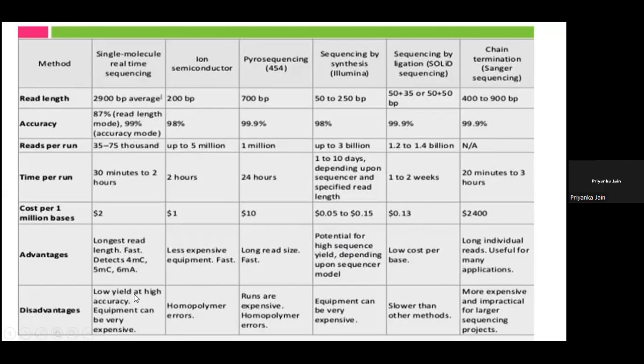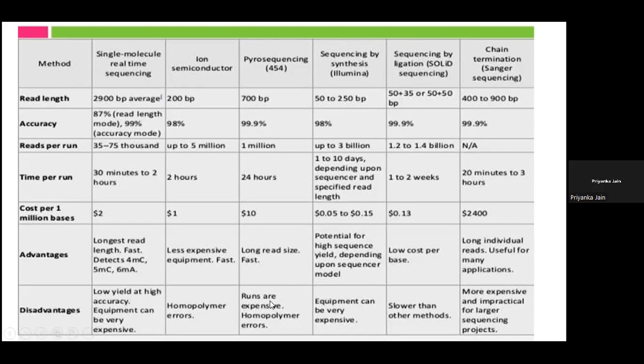the disadvantage for the SMRT is that it has low yield, the number of reads is less, but the accuracy in accuracy mode is high, as we discussed here. But the cost effectiveness is not so good. It means the generation of reads is very costly using this instrument, that is SMRT sequencing technology.